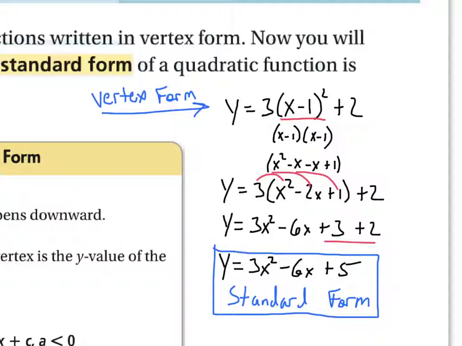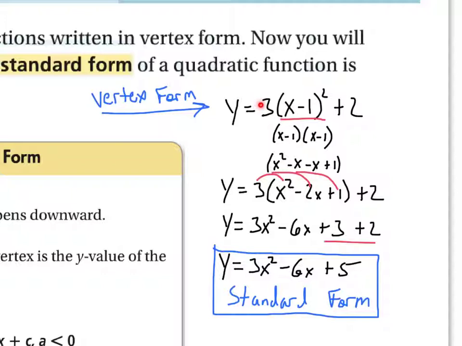Okay. There are a few things I want you to pay attention to about standard form compared to vertex form. First off, looking at vertex form, what is the value of a? 3. Right there. That's our a value in vertex form. Now, standard form, remember, is ax squared plus bx plus c.